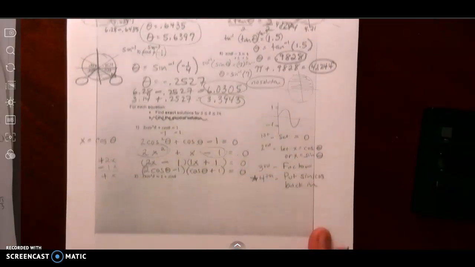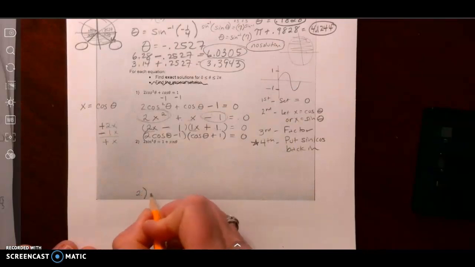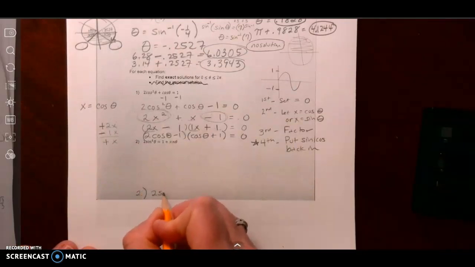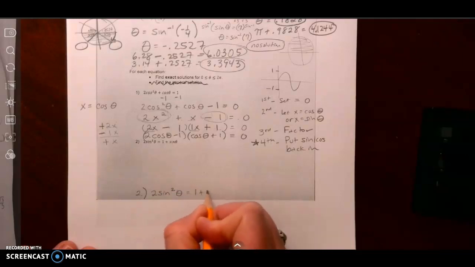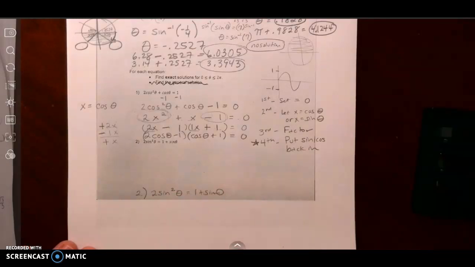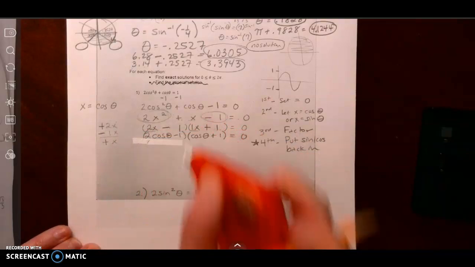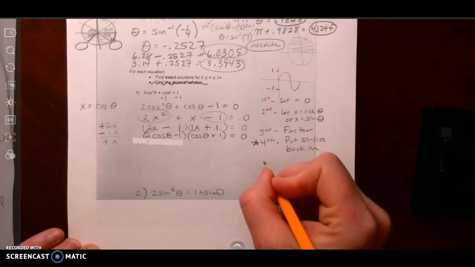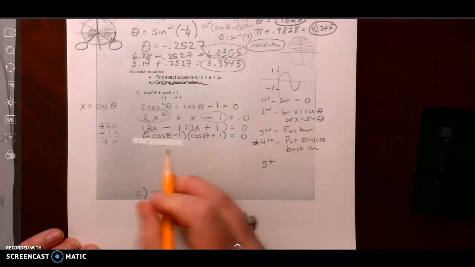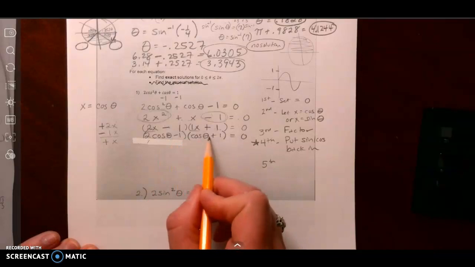All right, I'm going to keep going. I'm going to move this number 2 down to here and rewrite it just because I feel like it's in the way right now where it is. Just erase that. That way we can just keep working. There we go. All right, so put them back in, and then my next step, remember what we do when we factor, one of these has to be 0.